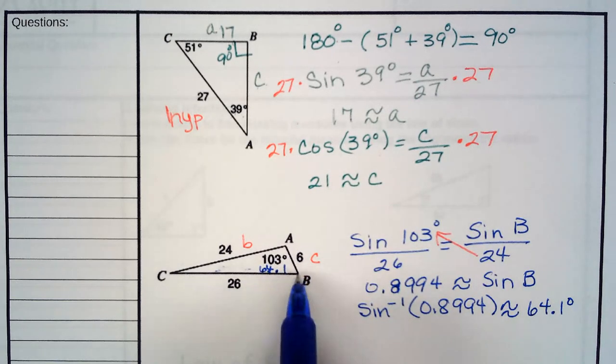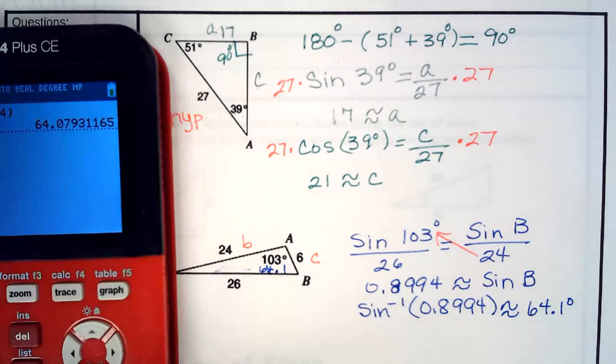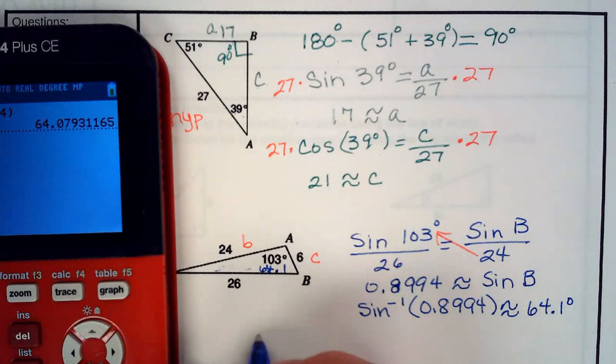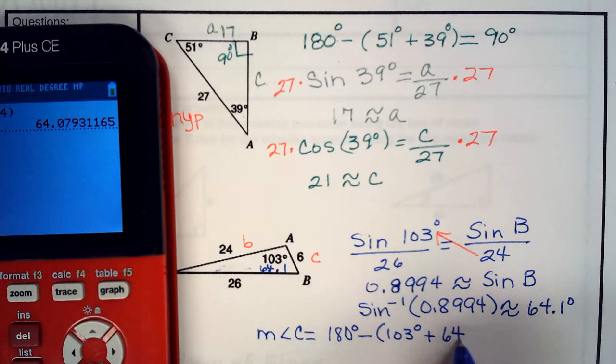And if you notice, it's going to be a very small angle because 6 is a lot smaller than 24 and 26. So, for the measure of angle C, 180 degrees minus 103 degrees plus 64.1 degrees.